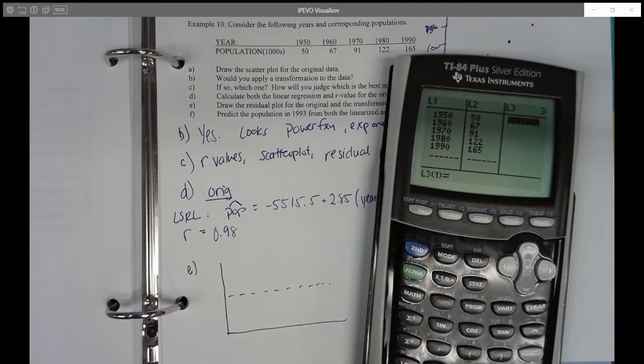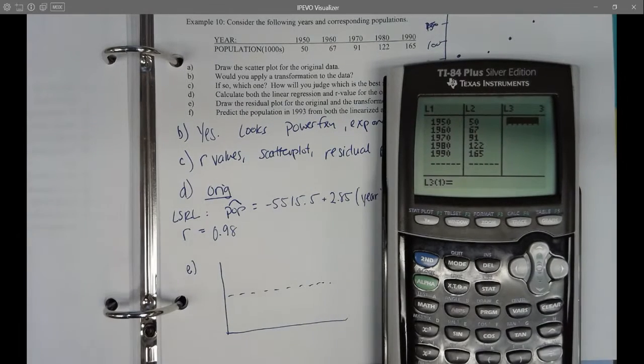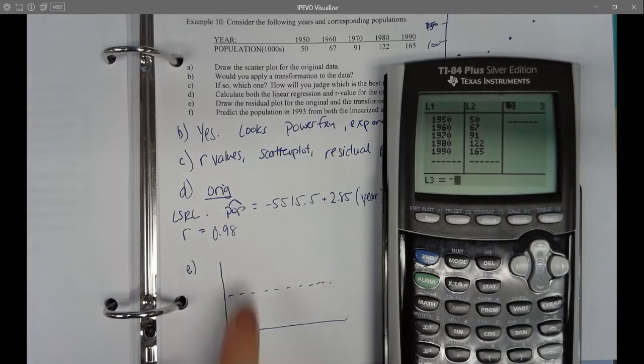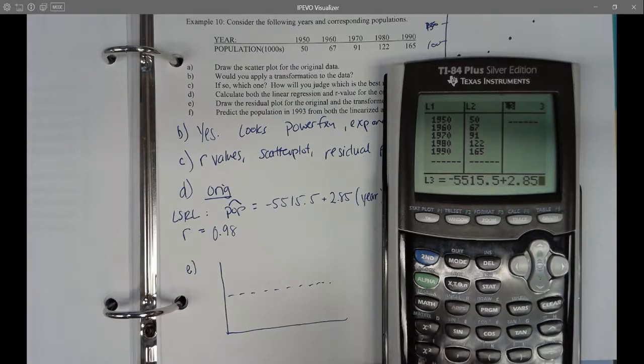So the easiest way to do this on our calculator is I have my data already in list 1 and list 2. Your calculator will calculate the predicted values for you. So I'm going to go up here and create a rule for list 3. I'm going to type in my equation to list 3. And instead of putting our variable, I want to take all of the years, which I currently have stored in list 1.